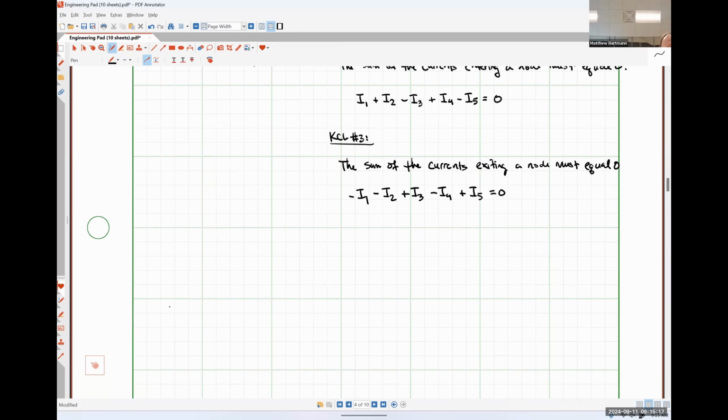So let's say, for example, that I have the following circuit. So let's say that I have a 3 amp source like so. A 6 ohm resistor. And then a 1 amp source like so.